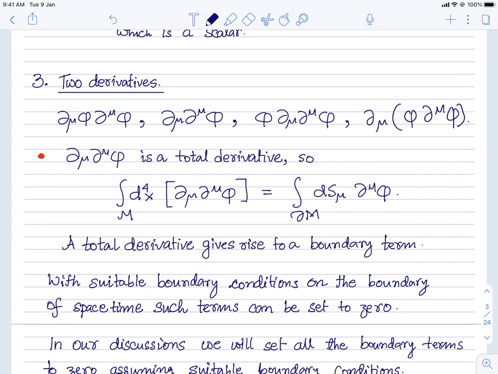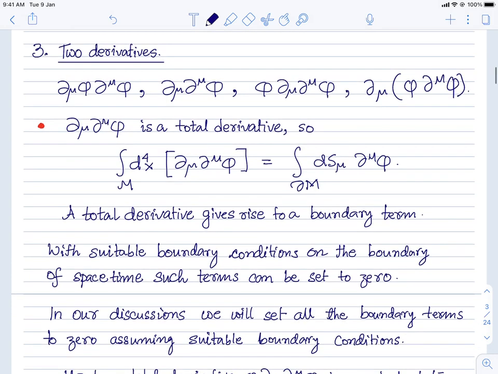That is true, but again, this kind of term will not be considered because it is a total derivative term. This is also another possibility which is independent of this thing. So these kinds of terms, total derivative terms, we are not looking at because we don't care about what is happening at the surface of space-time or at the boundary of space-time. We only care about local bulk equations in space-time.